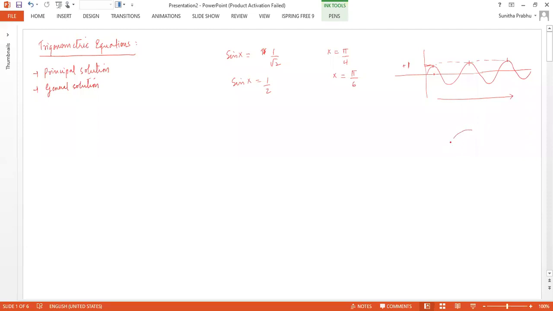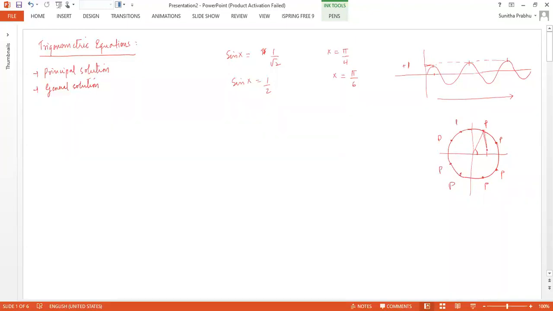One other way you can represent this is like this. Right? So when this point is going around this circle, you're going to get the values of sine theta, cos theta and all, right?